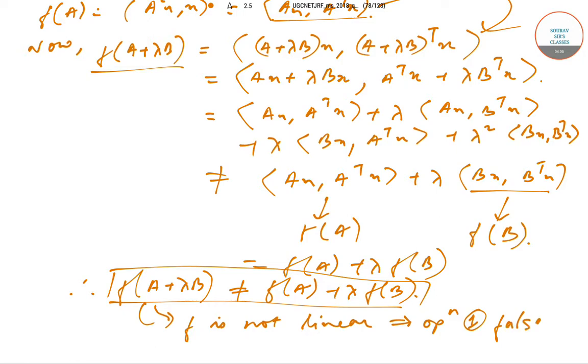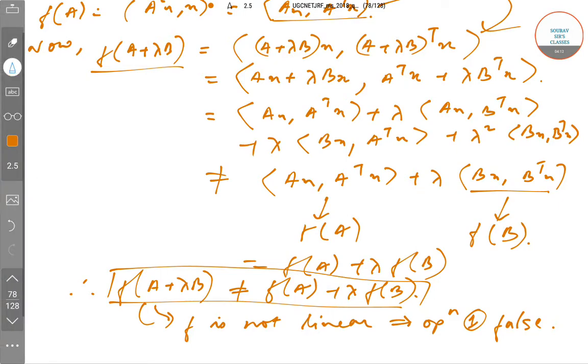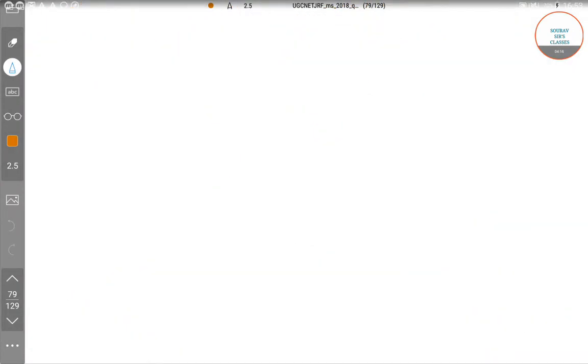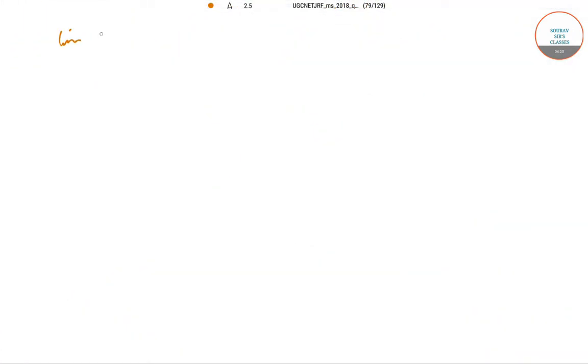Option 1 is false. Okay, now we'll shift our focus to whether f is differentiable or not. For checking whether f is differentiable or not, let me insert another page over here. For that we have to find out the limit of f of a plus tb minus f of a upon t as t tends to 0.